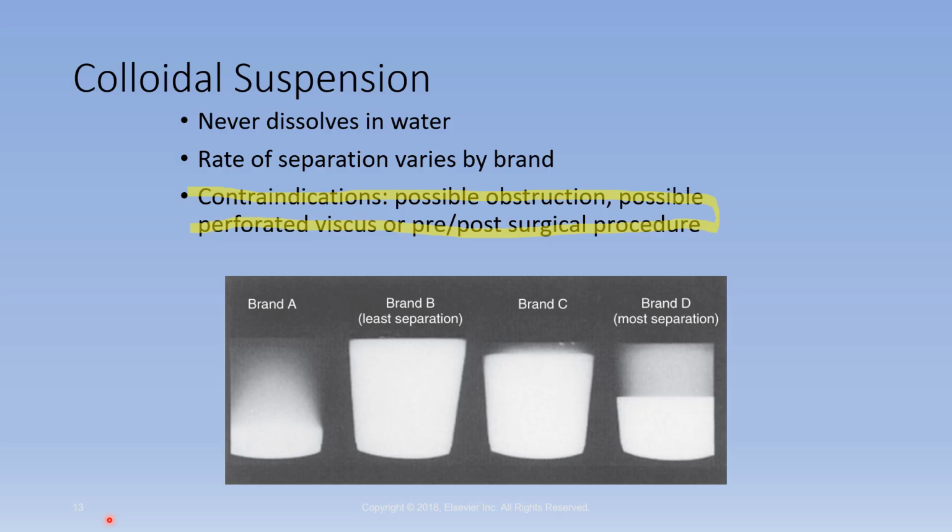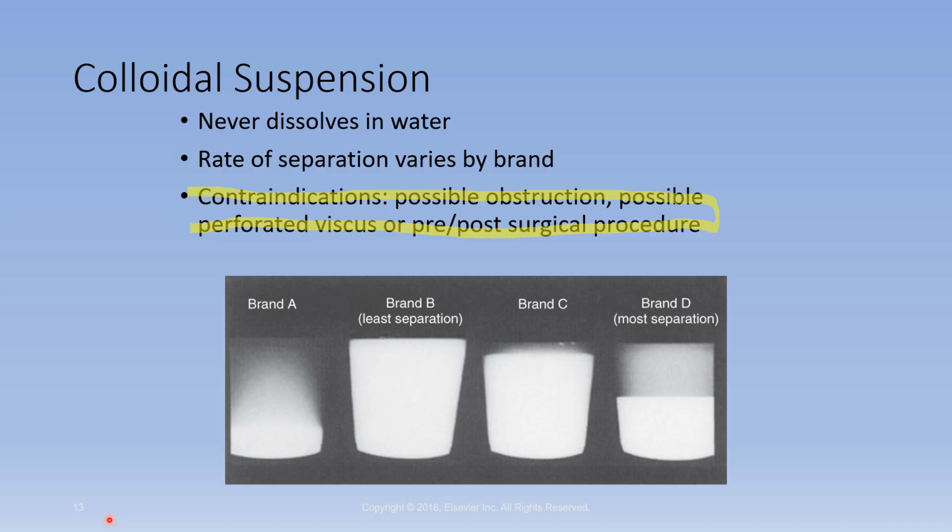We talked about this in patient care because we said that if any of these conditions existed and you did give the patient barium, the potential would be that they could get acute barium peritonitis, where the barium leaks into the peritoneal cavity and there's no way to get that out. The patient could become septic and die.